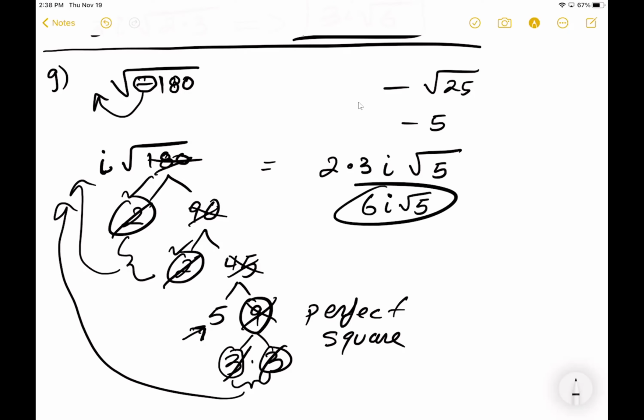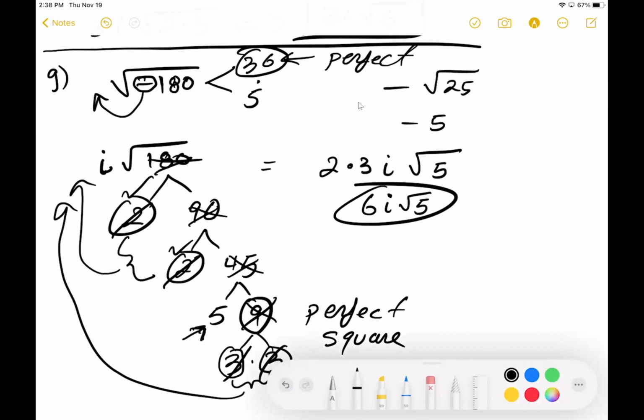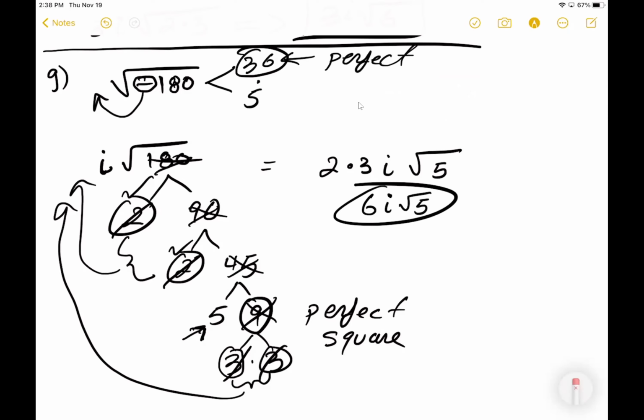And again, whoever says, Mr. Tran, I saw this 36, you are good. If you saw the 36 times 5, and why do we use 36? Because 36 is a perfect square. And as you can see, 36 on the inside, all you need to do is bring out 6.